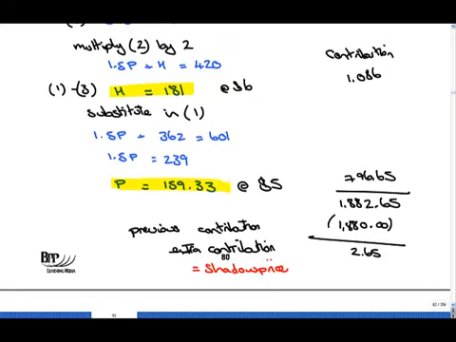Now the question asks us what that meant for kg. Well, that is therefore the extra that kg would be prepared to pay for one more metre of leather.